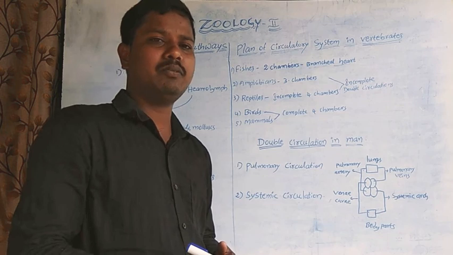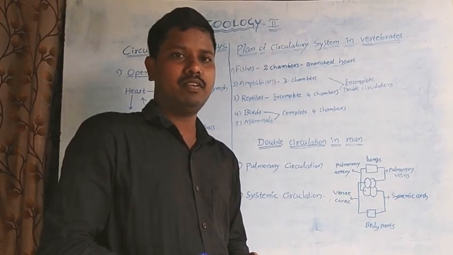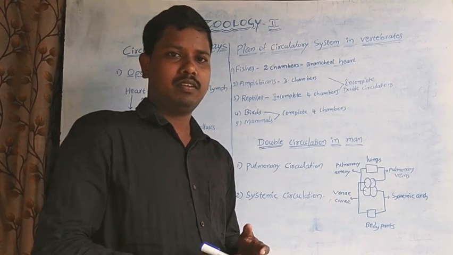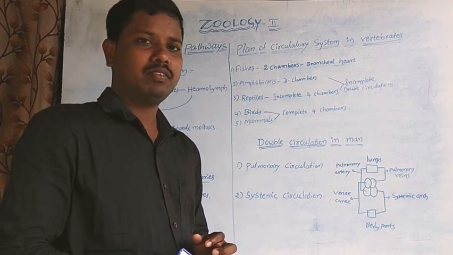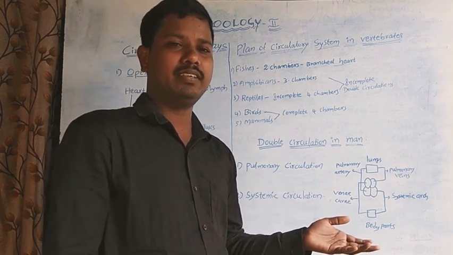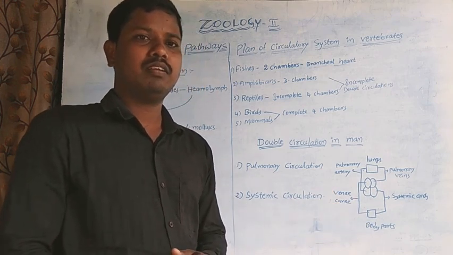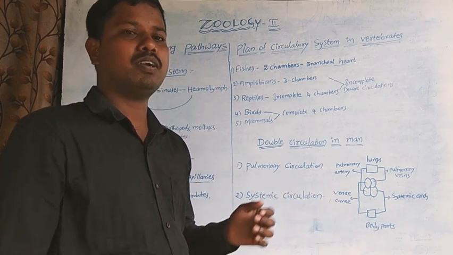The oxygenated blood present in the gills is transported to the various parts of the body.